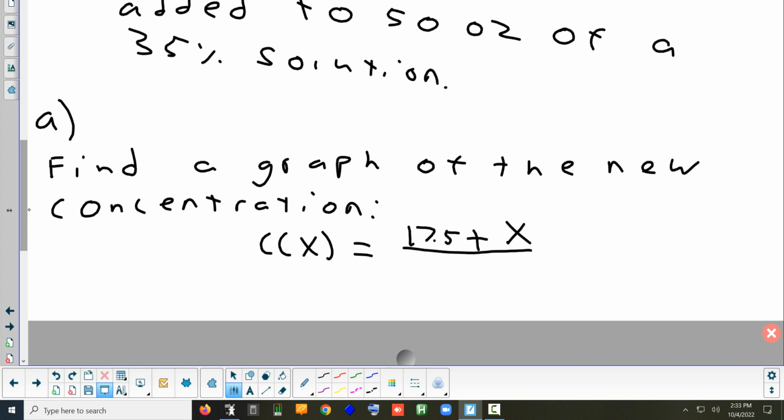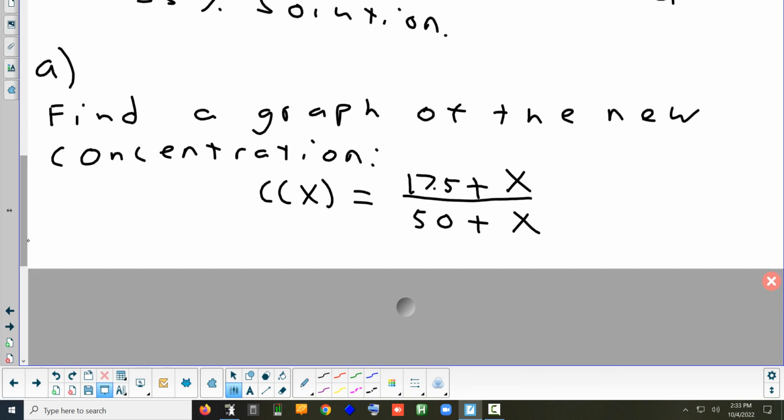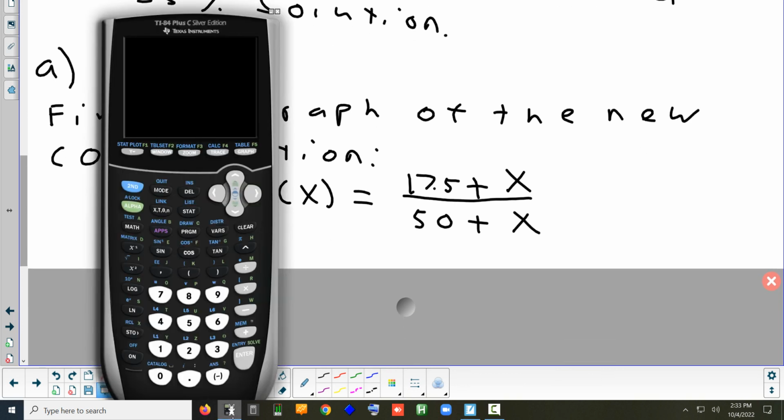Starting with 50. And how much liquid are we adding to it? Yep, it's X. Now we're starting with 50 and we're pouring in X ounces of acid. That is our new concentration.